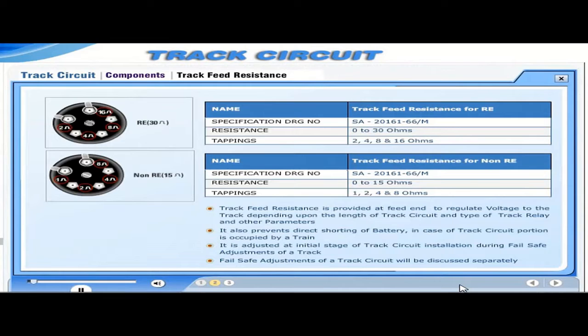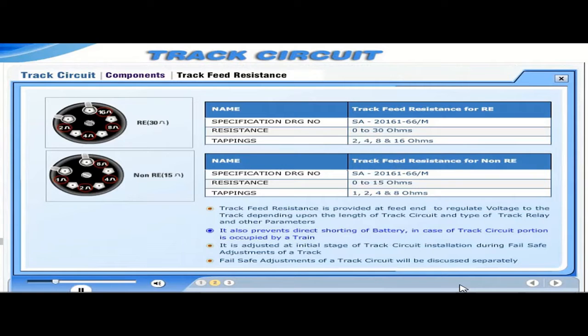Track feed resistance. Track feed resistance is provided at the feed end to regulate voltage to the track depending upon the length of track circuit, type of track relay and other parameters.